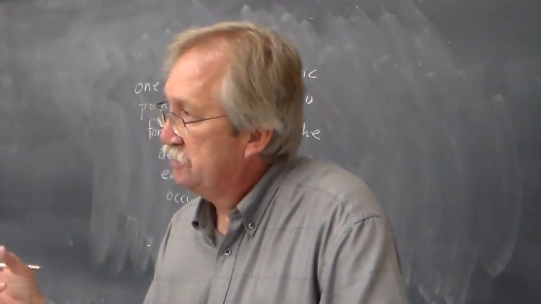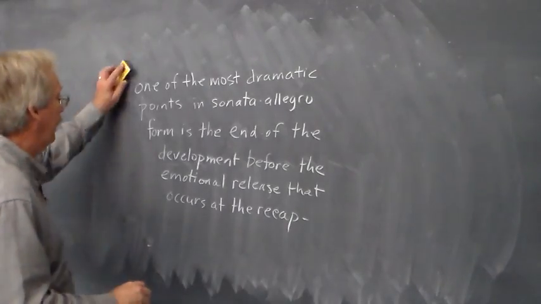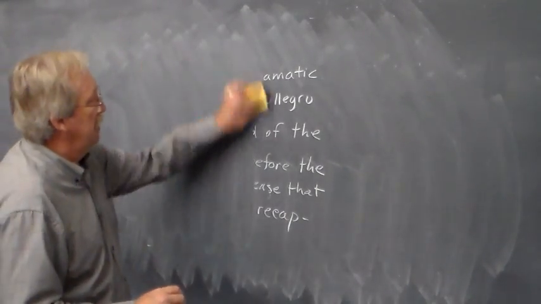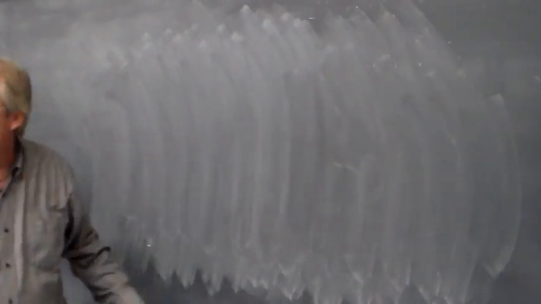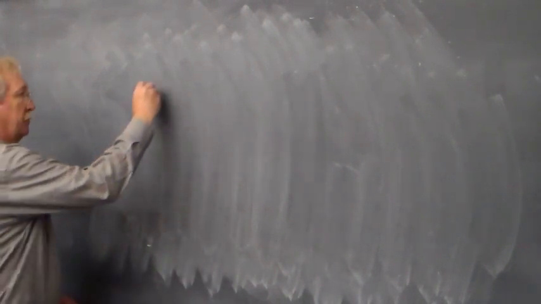harmony to change. One term that I want to introduce that you may have had before, but maybe not, is the term harmonic rhythm. And that has to do with the rate of change of the harmony.